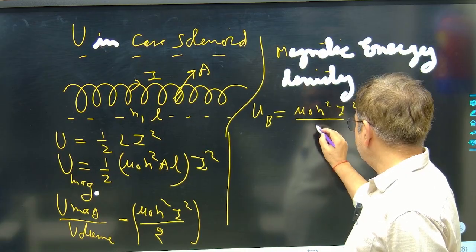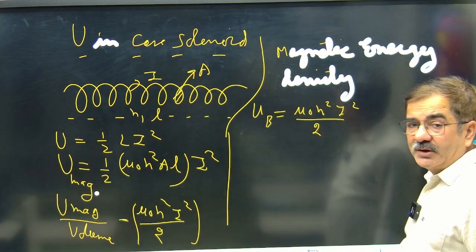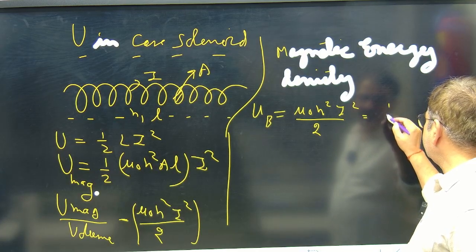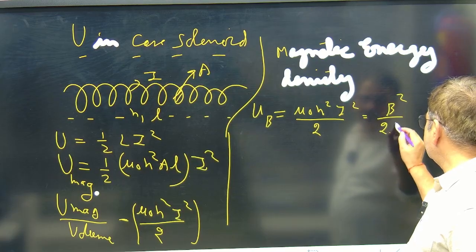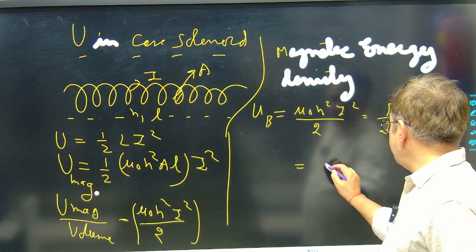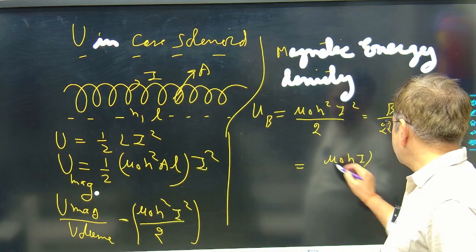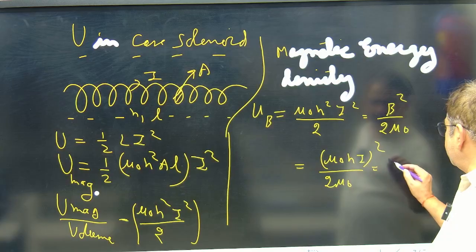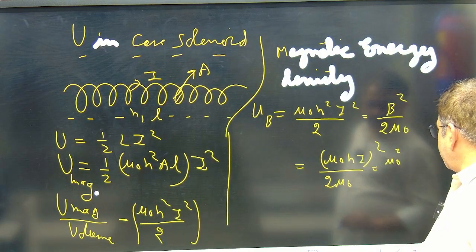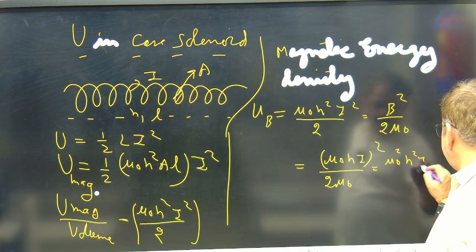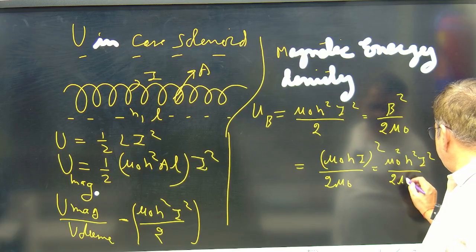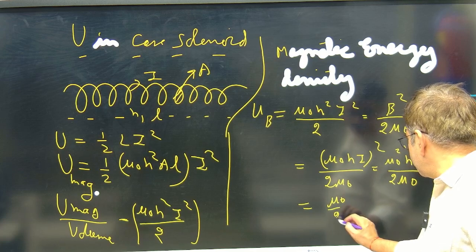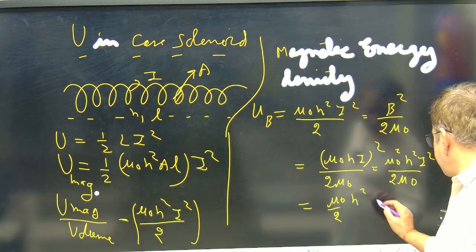Now see, in the case of a solenoid, the magnetic field is B is equal to mu naught N into I. If I write this as B square by 2 mu naught, just see, is it the same? B is mu naught N into I whole square by 2 mu naught, so it gives mu naught by 2 N square I square.